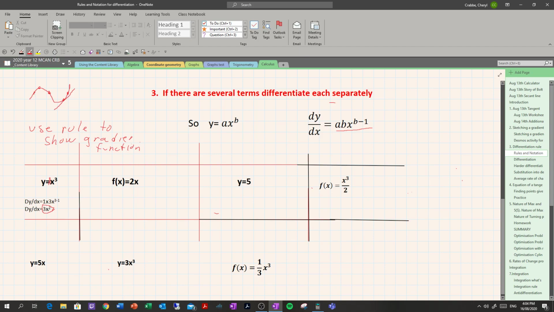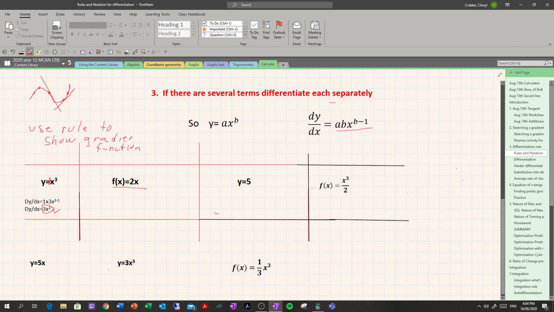So whatever x is, it could be -3, it could be 2, it could be 1, whatever point you're dealing with along that curve, you would use that formula to find the instantaneous rate of change at that point.